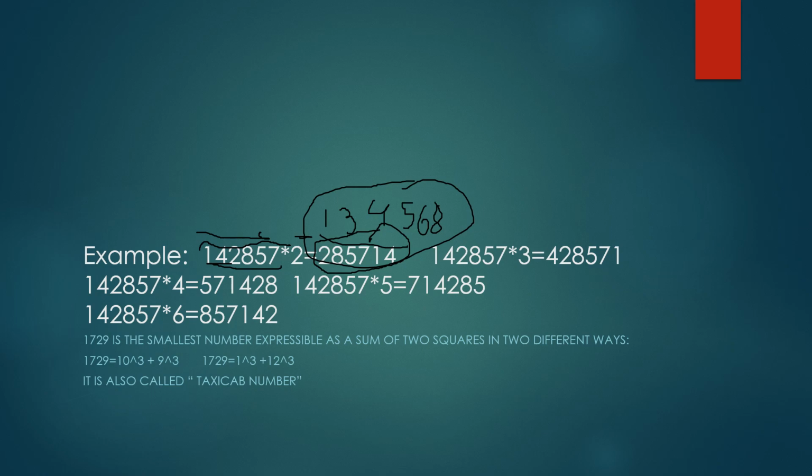Another example: 142857 times 3 equals 428571, which is again another rearrangement of the digits. You can distinctly see that it does not contain any digit apart from what we have in 142857.